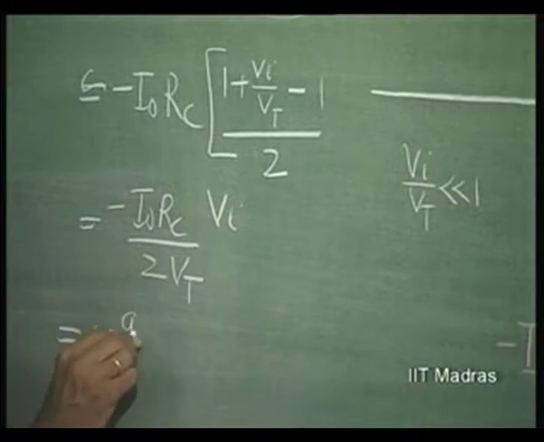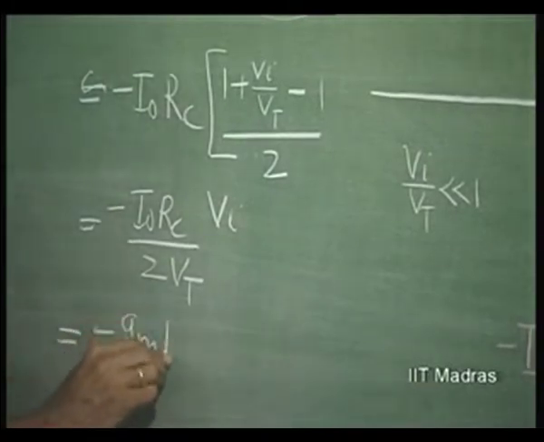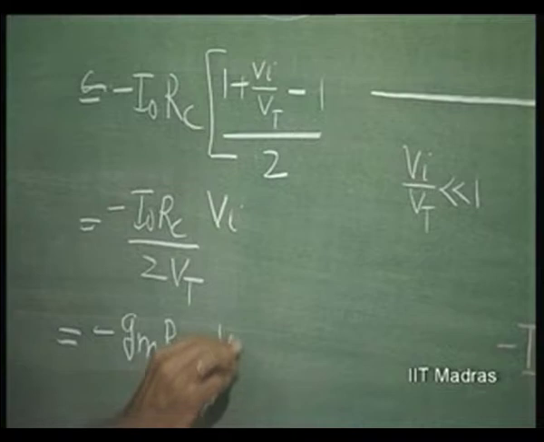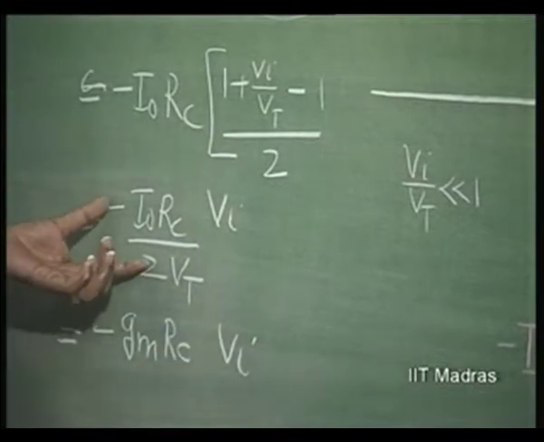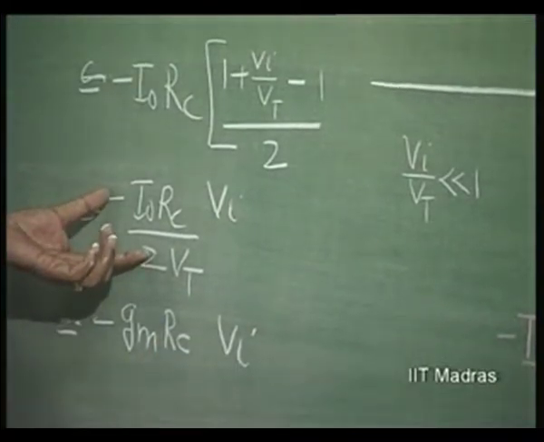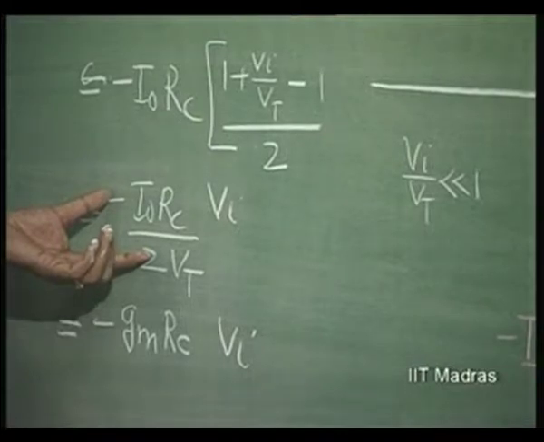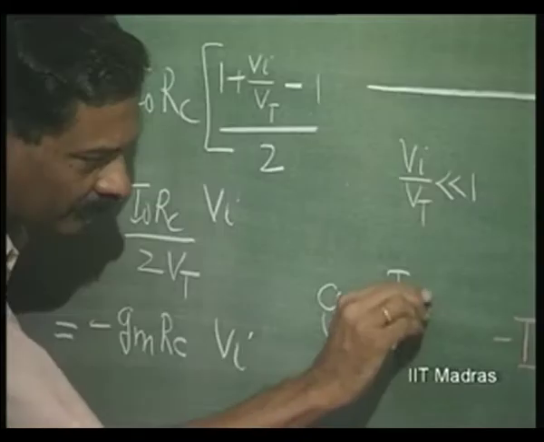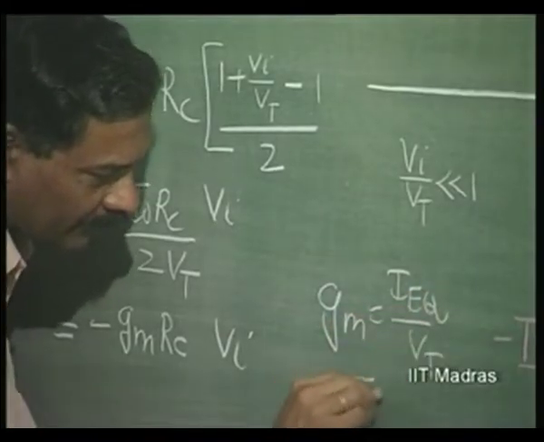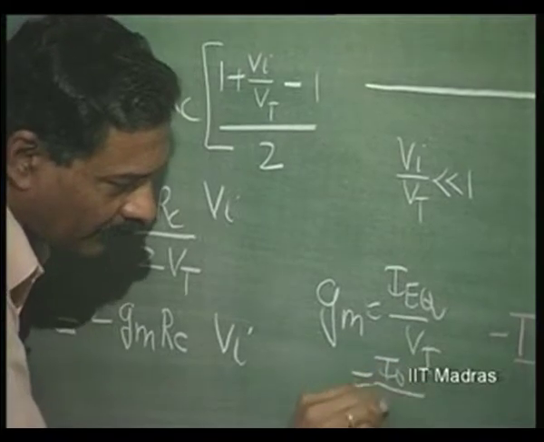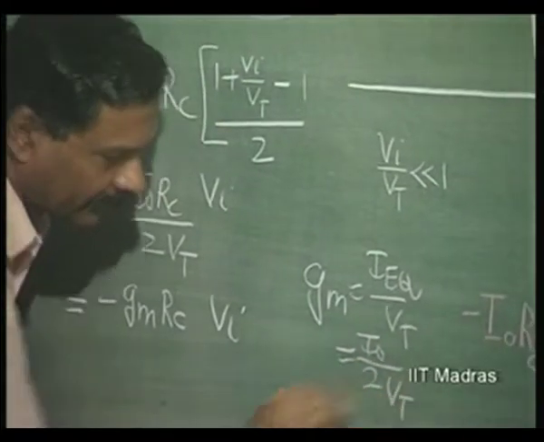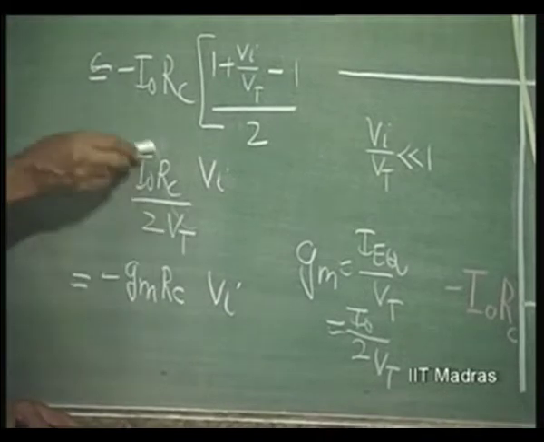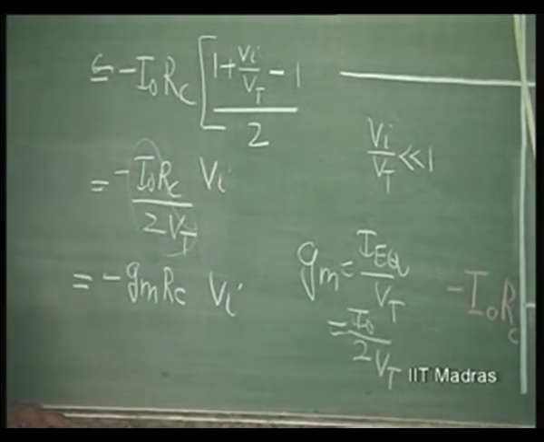Which is nothing but minus Gm into RC, because Gm is IEQ by VT. IEQ is I naught by 2 for each transistor. So, Gm is equal to I naught by 2 VT for this differential amplifier, and this into RC.